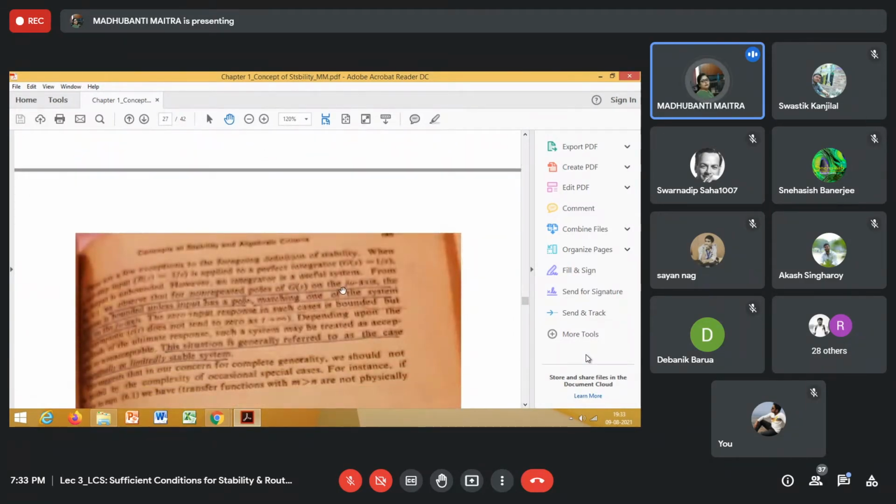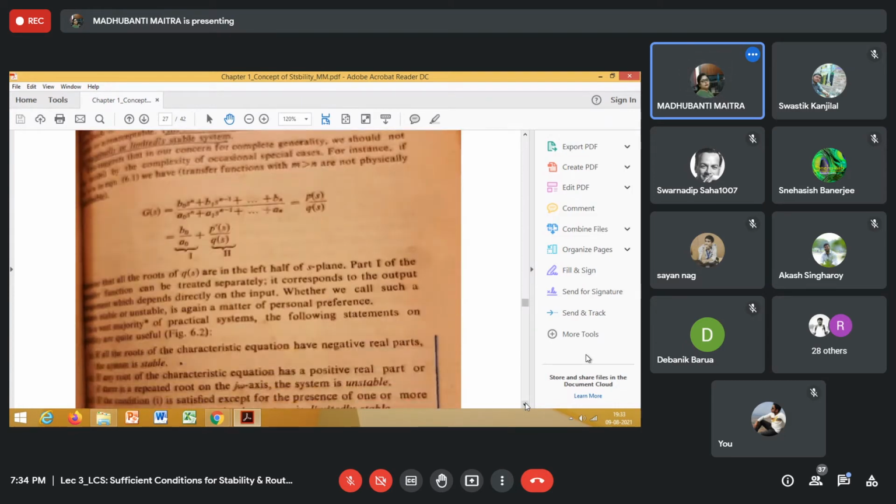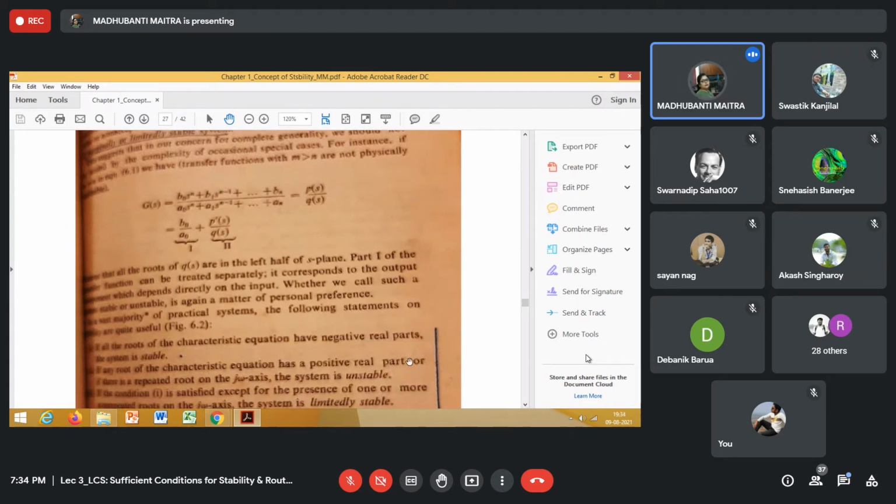So this is not perfectly legible, but this is not required as well, because I have already explained what is meant by instability due to resonance. So this part is also not required.